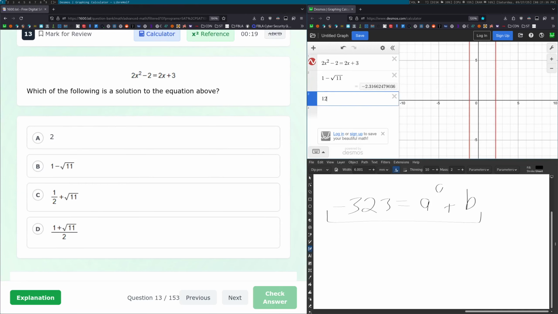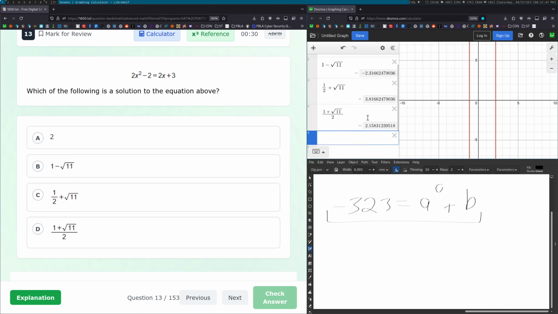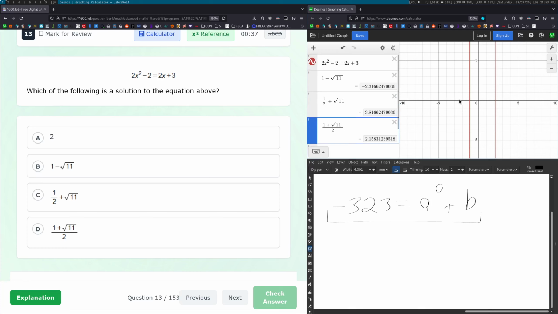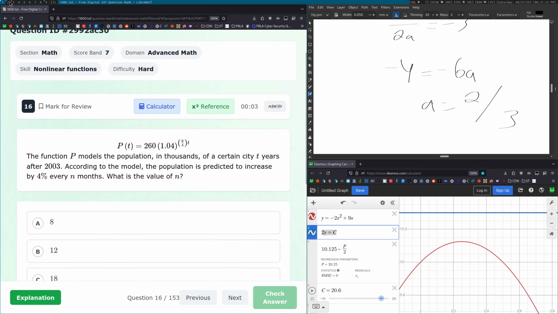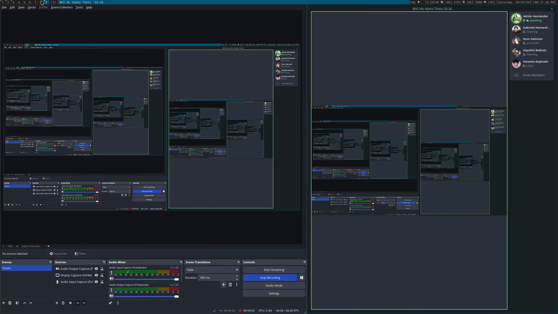Let's see which one's really close. And just for clarity, if you're not sure what I'm doing for the square roots, I'm typing SQRT. Okay, let's see which one of these is really close to what we got here. 2.15831. Well, we got a friend here. Okay, so let's cover the problem I got sent.